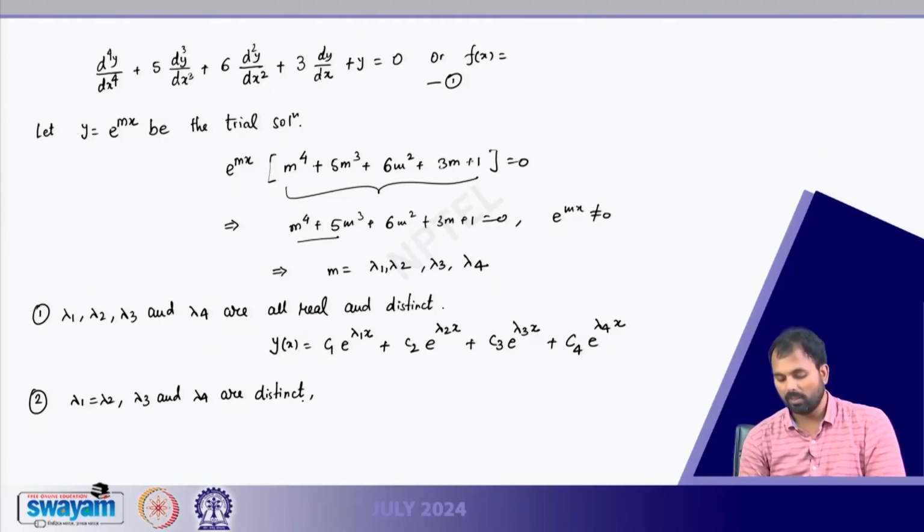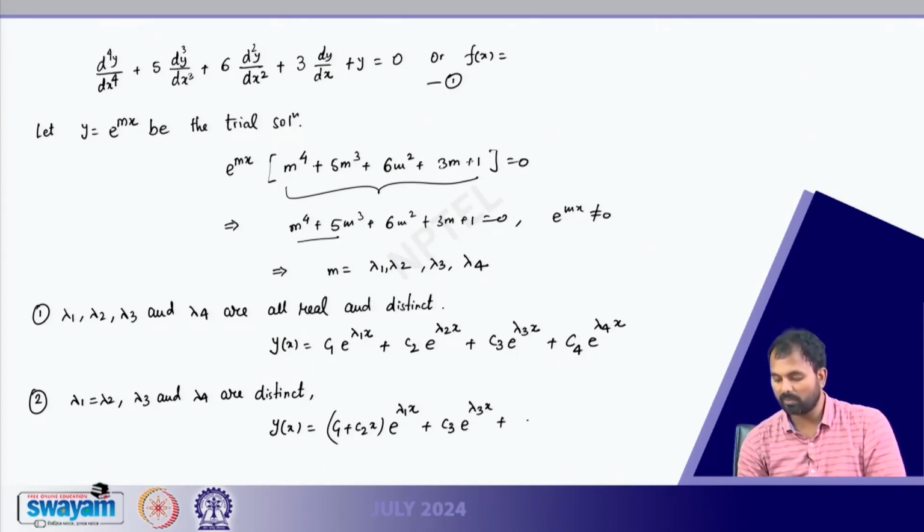That means they are different. So then you will have y(x) = (c1 + c2x) e^(λ1x), or you can call λ1 = λ2 = λ, and then we will have c3 e^(λ3x) and c4 e^(λ4x).